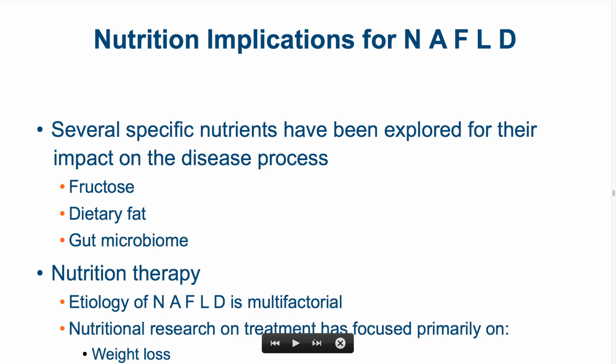Nutrition is considered both as a factor contributing to the etiology of non-alcoholic fatty liver disease and a component of treatment. Fructose is a major subject of research for its potential impact on the etiology of non-alcoholic fatty liver disease. Fructose is readily available in fruits and other food sources, but high fructose corn syrup has been increasingly used as an added sweetener.